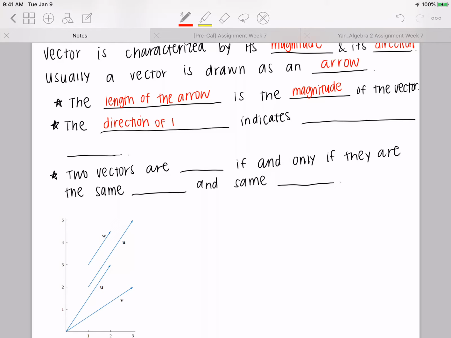So the direction of the arrowhead indicates the direction of the vector. The last point is that two vectors are equal if and only if they have the same magnitude and the same direction.